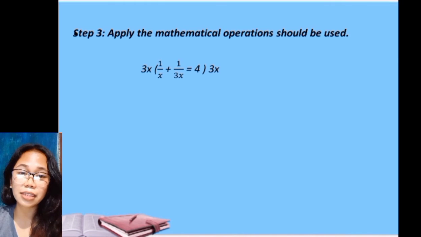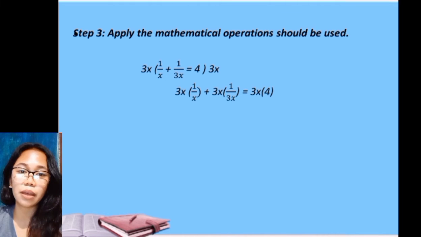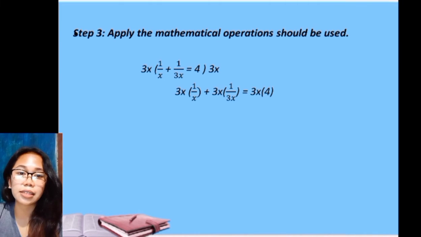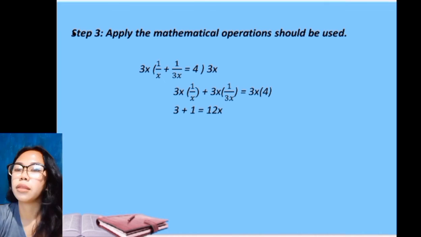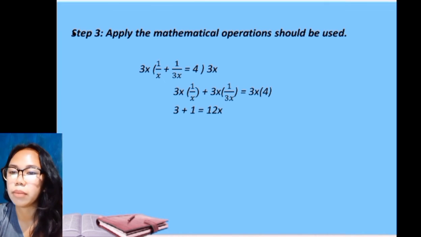It becomes 3x times 1 over x plus 3x times 1 over 3x equals 3x times 4. 3x times 1 over x equals 3, plus 3x times 1 over 3x equals 1, with 3x times 4 equals 12x. So 3 plus 1 equals 12x.